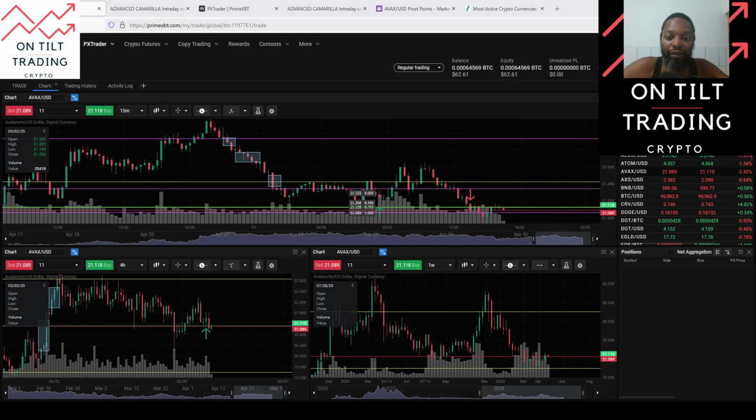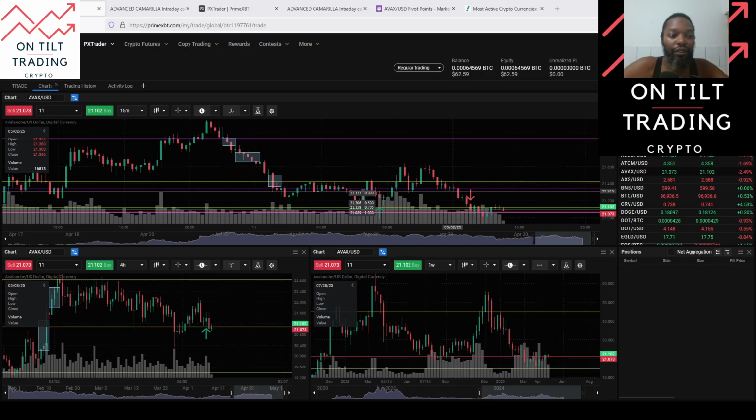I took a stop out here in this candle as price action broke the structure. This was the previous strong low. This candle went below and stopped me out. My original stop was down here, but after this candle with a break of structure of this previous level, I moved my stop up to the strong low and took the stop out there.